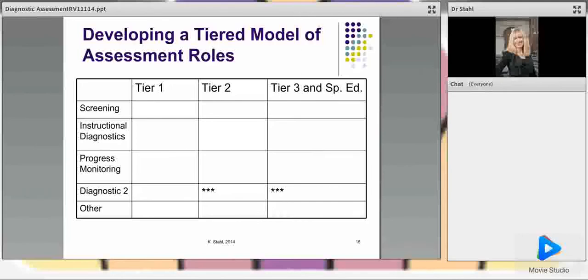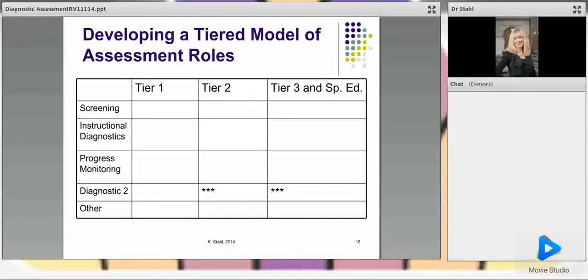And I think the ways that we communicate those outcomes need to be done very meaningfully and clearly, with a lot of transparency to each person that's involved in working with the child. So we can't really expect any one of our teachers, at any level, be it Tier 1, Tier 2, or Tier 3, to be responsible for all of the assessments or to be expert in the administration of all the assessments.